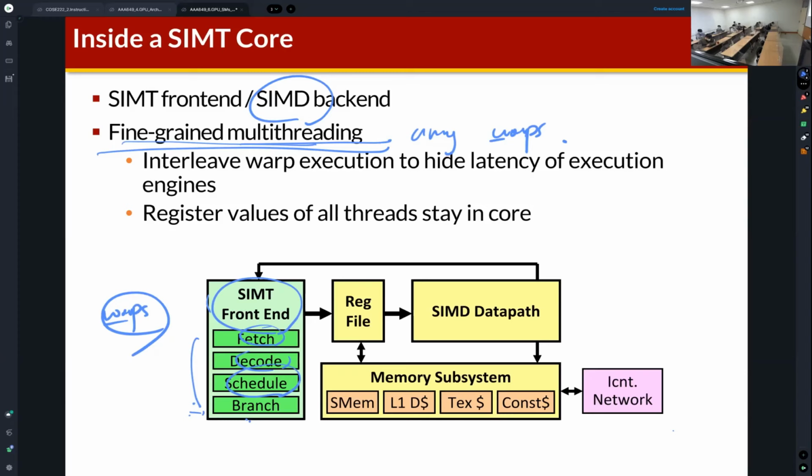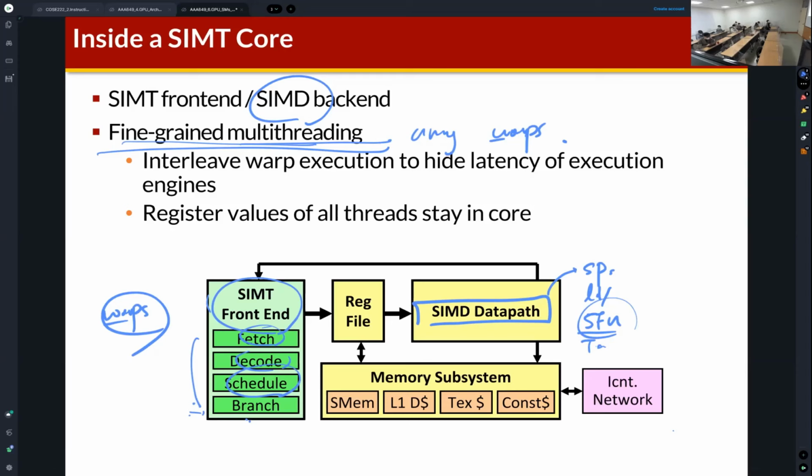The GPU has the SIMD-like data path, like multiple SPs, the load store unit, and the special function unit. And recently, the GPU also has tensor cores to support matrix operations.